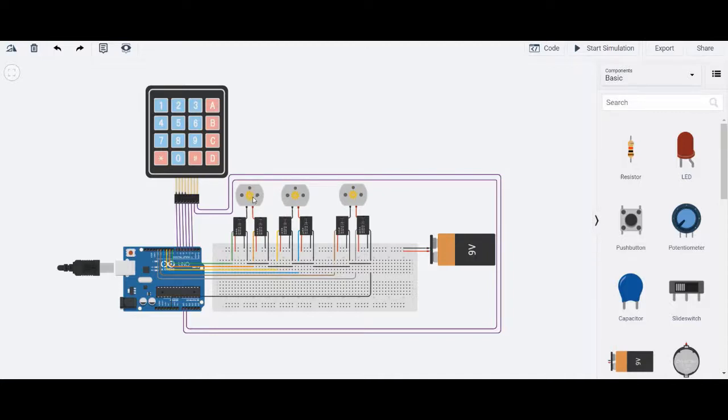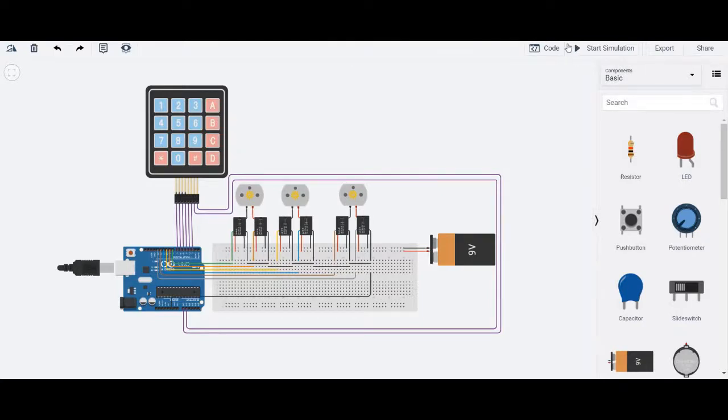For one DC motor, we'll be connecting two relays, same as for the other two DC motors. One DC motor needs two pins so that it rotates in both directions. So one DC motor has two pins, and in total there are six pins for three DC motors. And for the keypad, we'll be using eight pins.